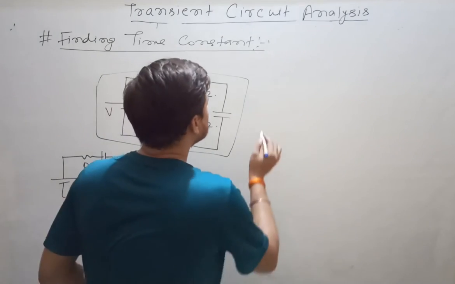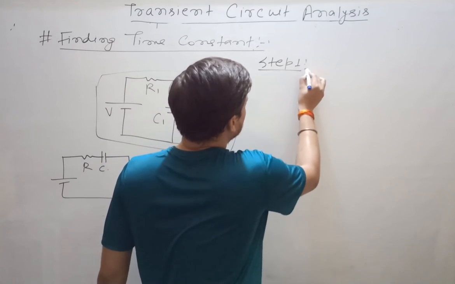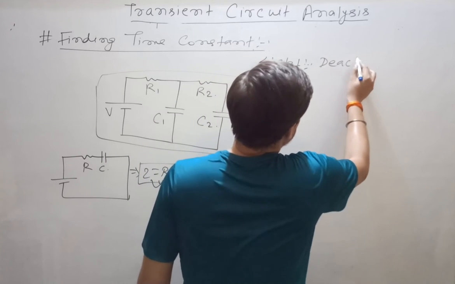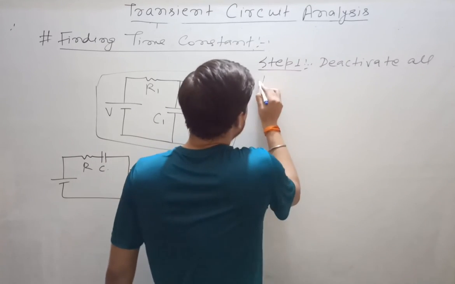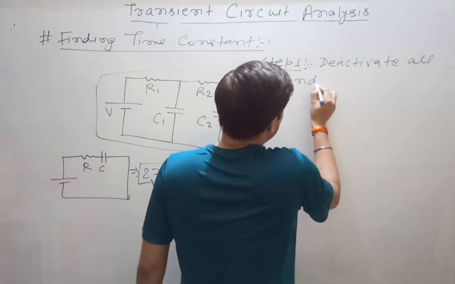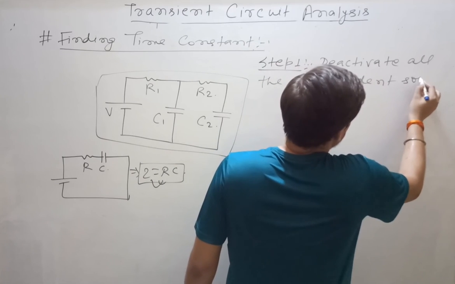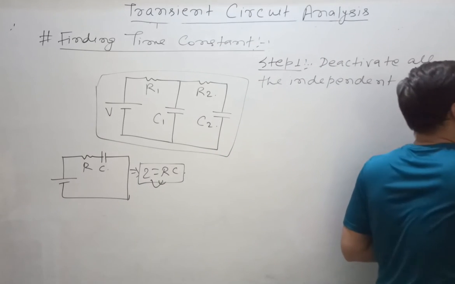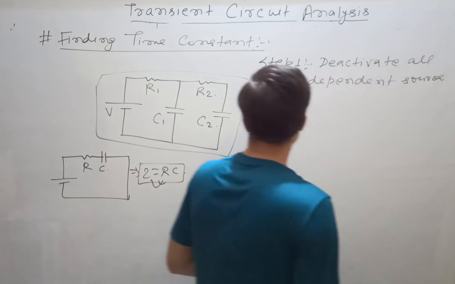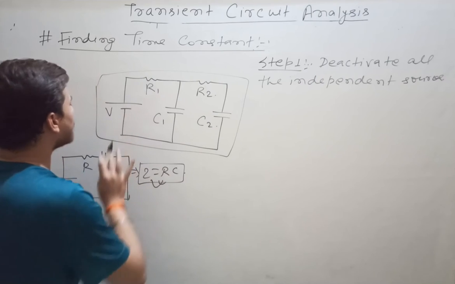Step 1: deactivate all the independent sources. What does it mean? It means we have to deactivate this voltage source and replace it by a short circuit.